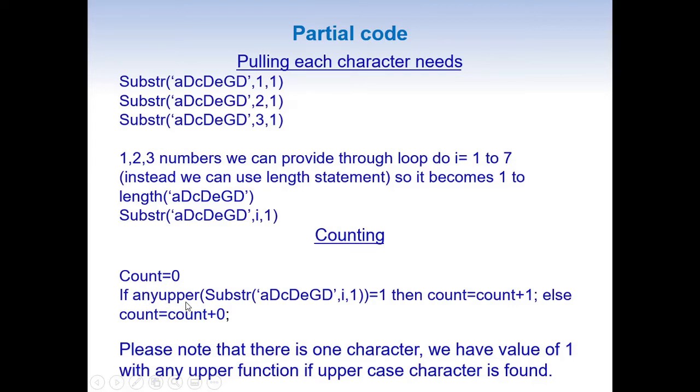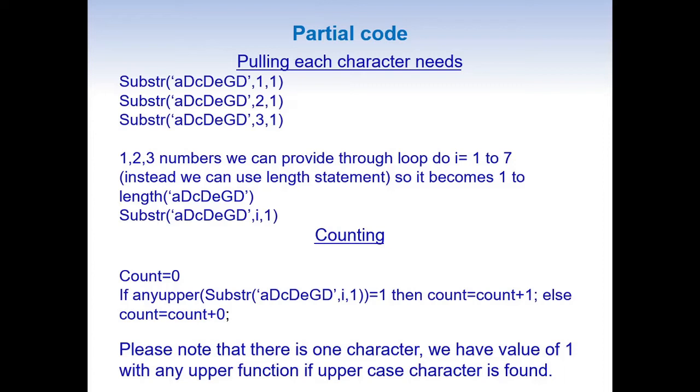If any upper gives the value of 1, that is, if it is an upper character, then count equals count plus 1. That is, I'm adding 1. Else, count equals count plus 0, which means I'm not adding anything.